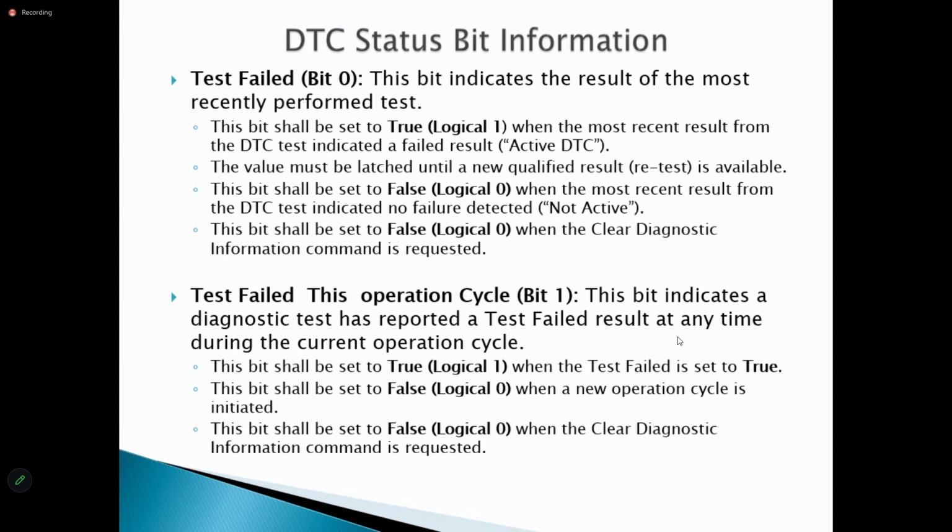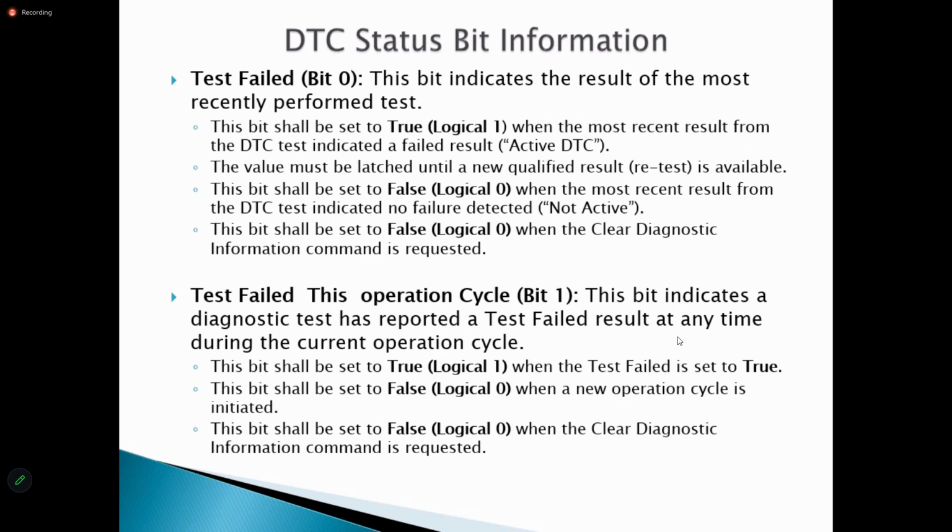So when a test is run, bit 0 indicates the result of the most recently performed test. As I told, test will be run every 100 millisecond. Let's say in a critical ECU, test is run every 100 millisecond. So this bit will depend.